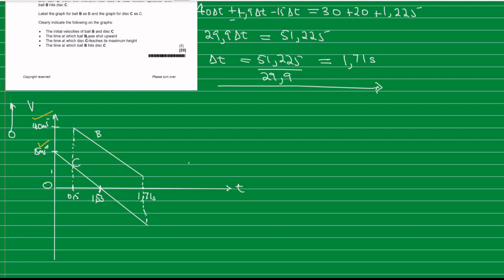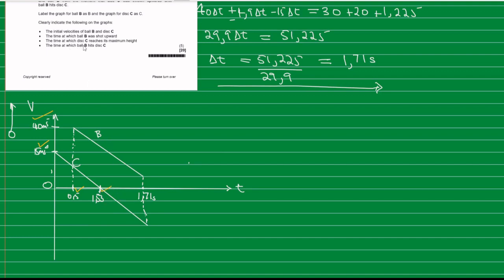The time at which ball B was shot upward, yes, we have indicated there. It was shot 0.5 seconds into our time scale. And the time at which disc C reaches its maximum, so disc C reached its maximum after 1.53 seconds, we've indicated that one.